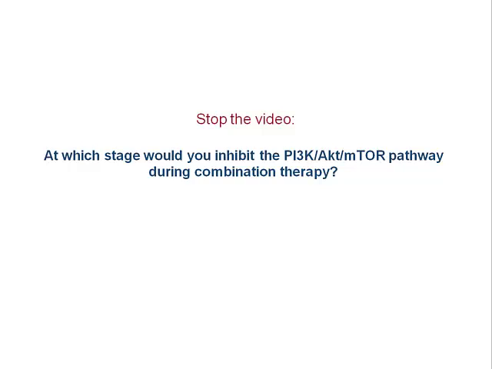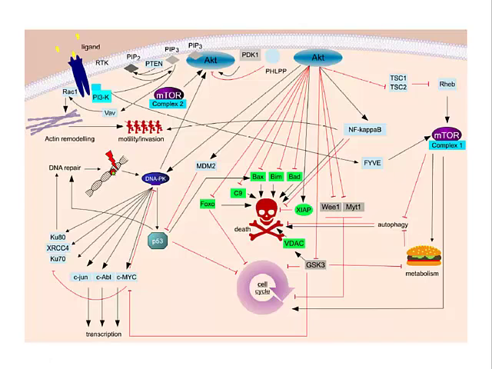Okay, now we stop the video and we will think about the treatment for neuroblastoma. So I want to treat neuroblastoma with chemotherapy, and I want to sensitize this tumor by blocking the PI3 kinase AKT-mTOR signaling cascade.